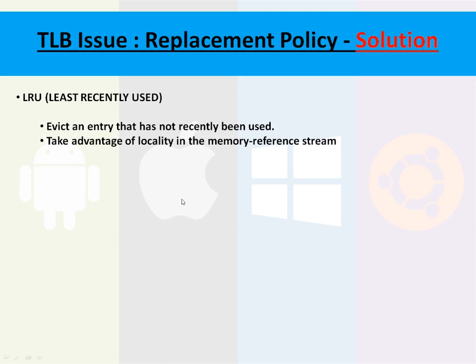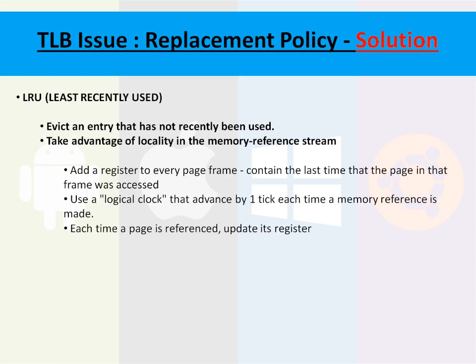LRU stands for least recently used. The idea here is that we evict an entry that has not recently been used, and we try to take advantage of locality in the memory reference stream. We're going to get to an example of this, which will hopefully alleviate some of your confusion. What it requires is that we add a register to every page frame, which contains the last time that the page in that frame was accessed.